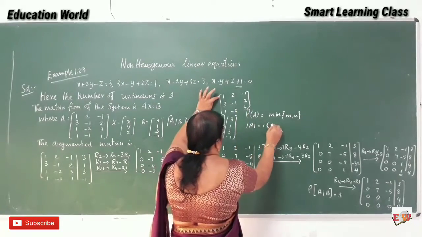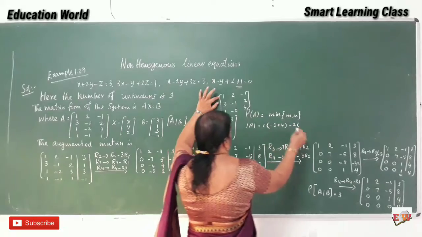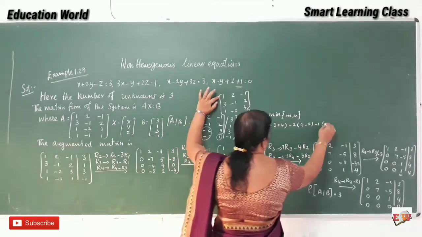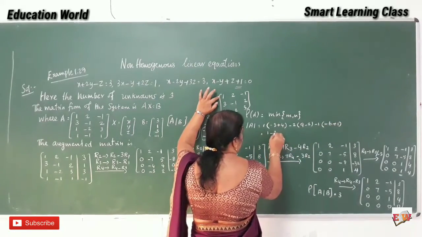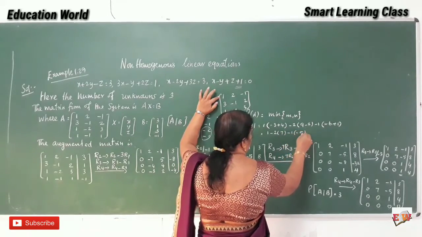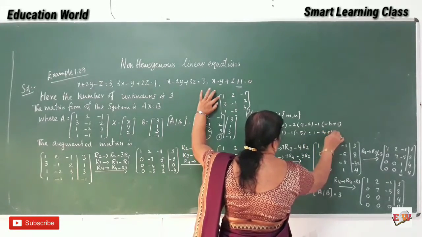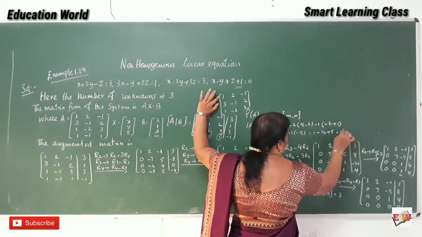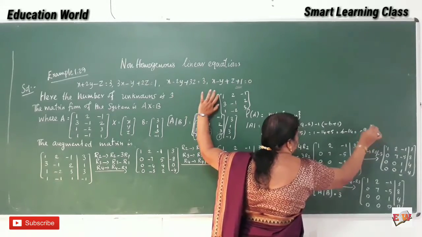1 into minus 3 plus 4, minus 2 into 9 minus 2, minus 1 into minus 6 plus 1. 1 minus 14 plus 5. 6 minus 14 is equal to minus 9, not equal to 0.